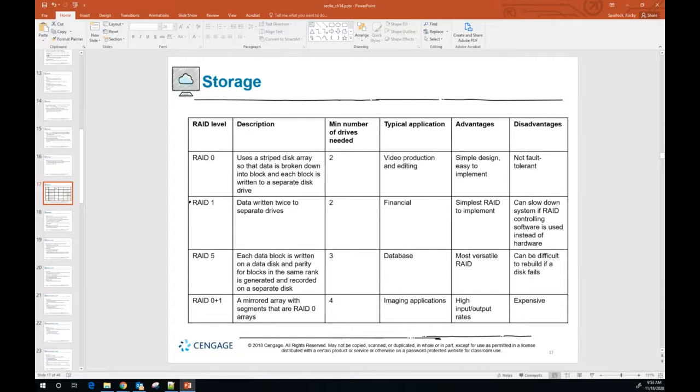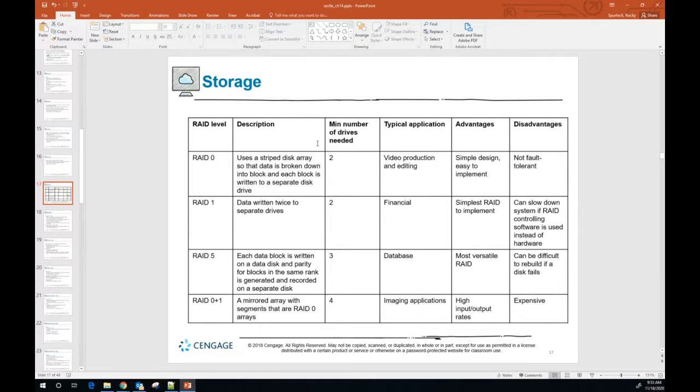As we see an example here, we have RAID 0, and the minimum number of drives needed is 2. RAID 1 is 2 as well. When we get to RAID 5, we need 3, and RAID 0 plus 1 needs 4 drives. Now RAID 0 uses a striped drive array, so the data is broken down into blocks, and each block is written to a separate drive.